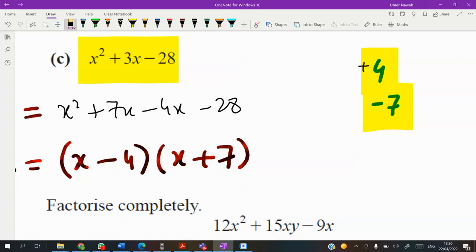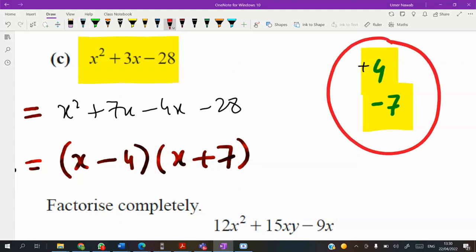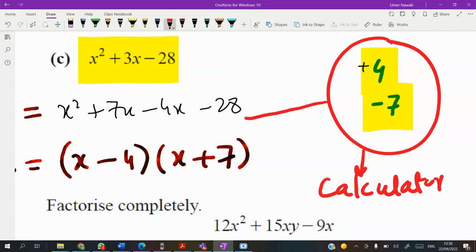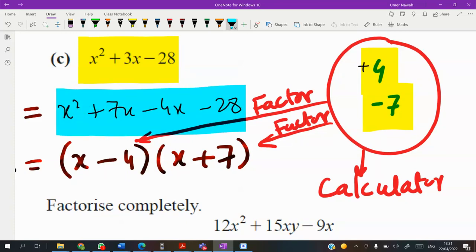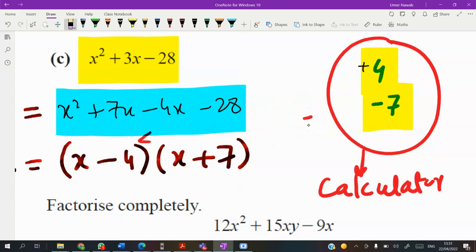This is the background procedure of doing factorization with the factorization technique. However, I have taught you that you can get these two answers, critical points, first from the calculator. Once you get the answers from the calculator, you need to write the two factors out of it. Once you write them in factor form, then just to avoid any confusion for the examiner, so they do not see your answer as suspicious, you can complete this space by multiplying the two brackets, and then the examiner cannot question you that you used an unfair methodology.